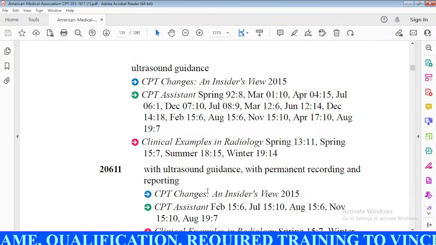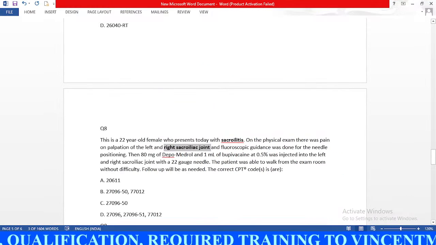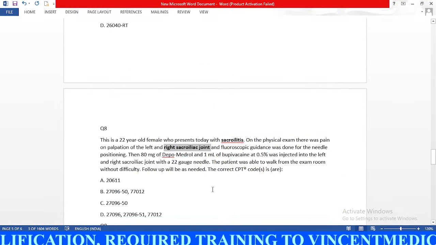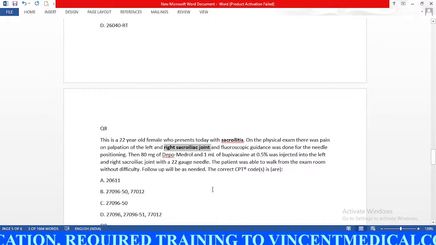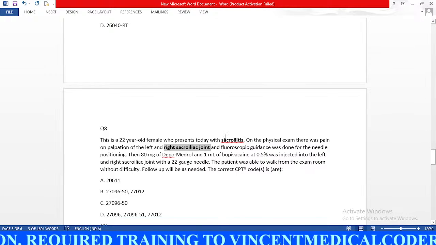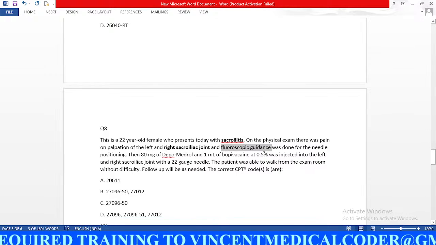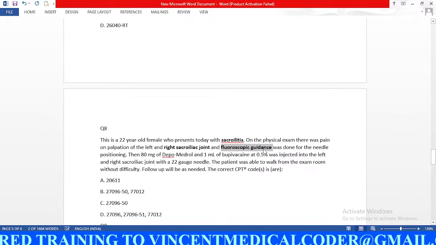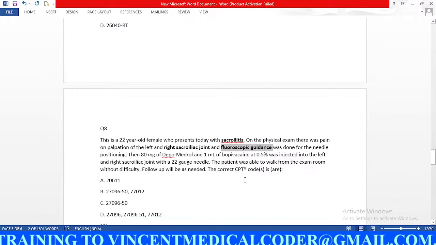But based on our question, the physician did not use any ultrasound guidance. Here the physician has used fluoroscopic guidance. So directly we can mark A as the wrong answer.